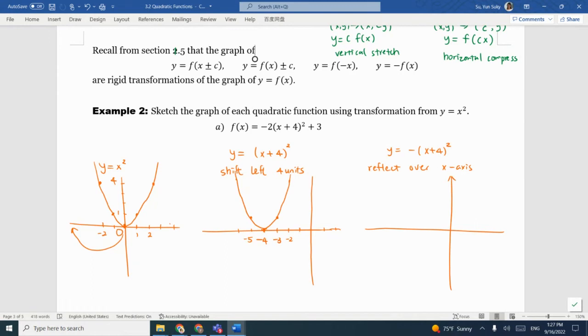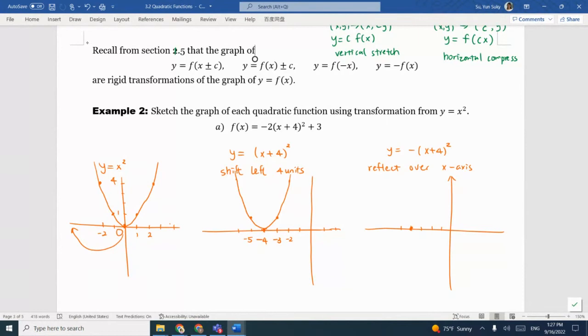Reflecting over the x-axis means we want to flip it down, right? So this point, what happened? The (-4, 0) stays here. Then how about this one? We flip down.